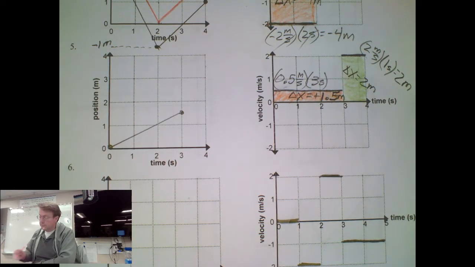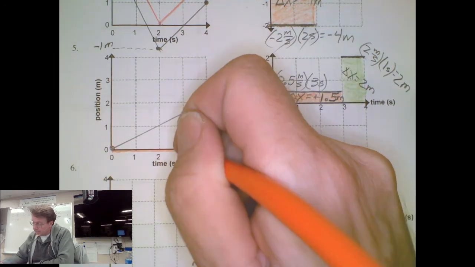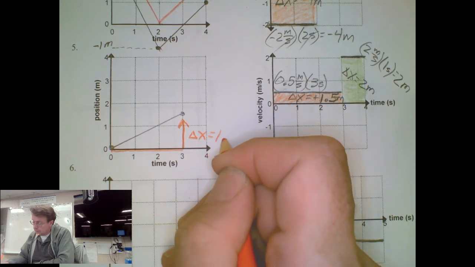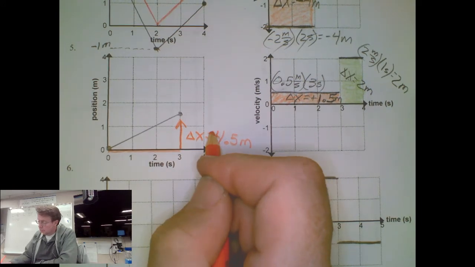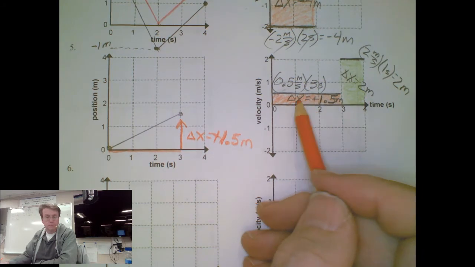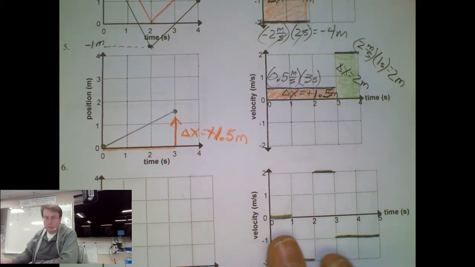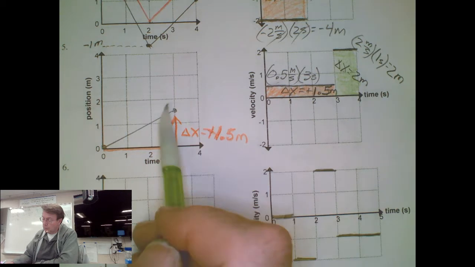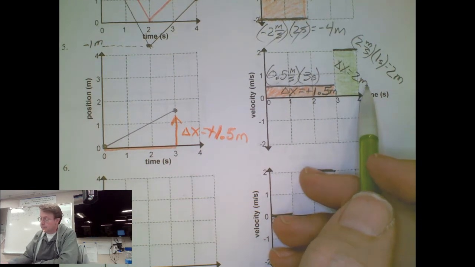So just to be clear, in 3 seconds of time, I have a positive displacement of plus 1.5 meters from this part of the velocity graph. Now for the next part, I have to go up 2 meters from where I currently am in 1 second worth of time.